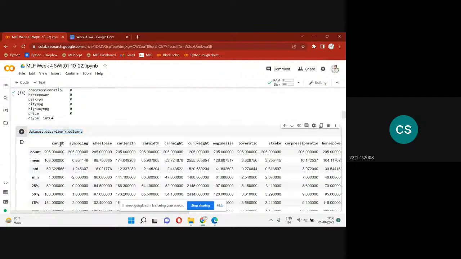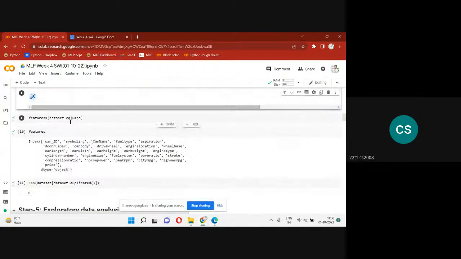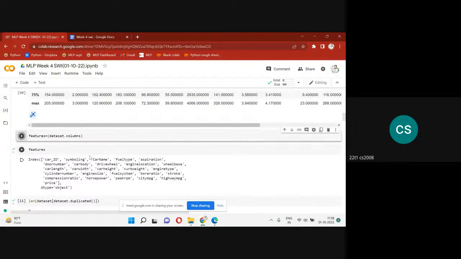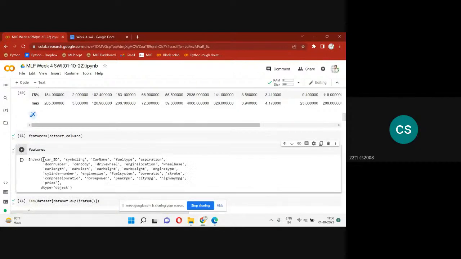So first we selected all the features here. We simply typed dataset.columns. This code will do nothing but give you the list of all the column names. So these are the features here.